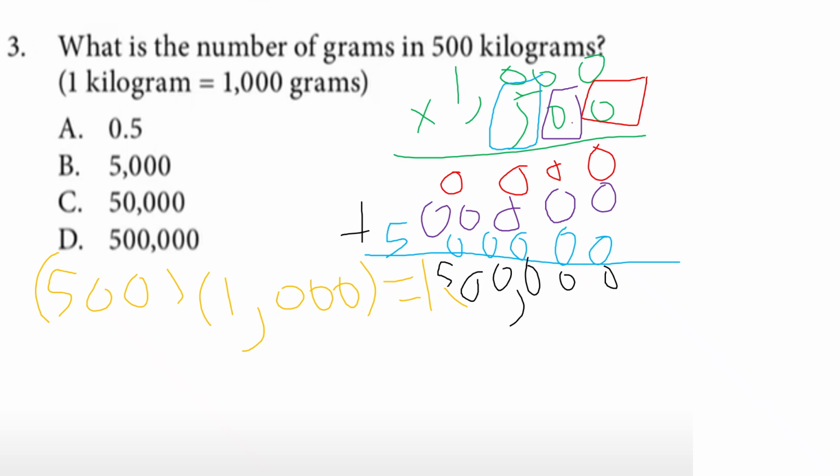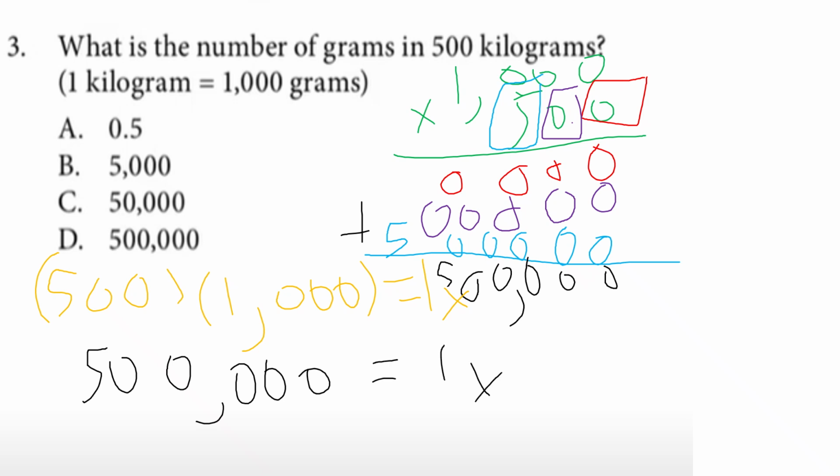All right, so we know that 500 times 1,000 is 500,000. So that gives us, let me use that black, that might be easier for you to see. So 500,000 is equal to 1x.